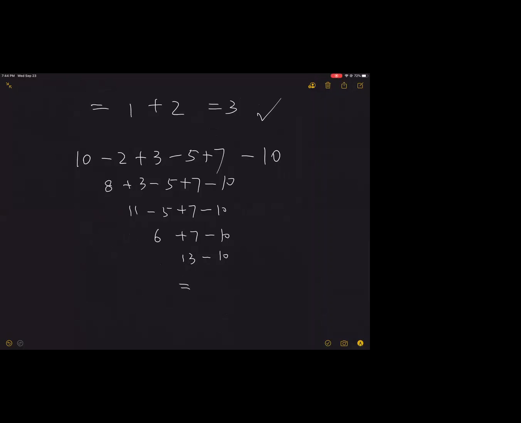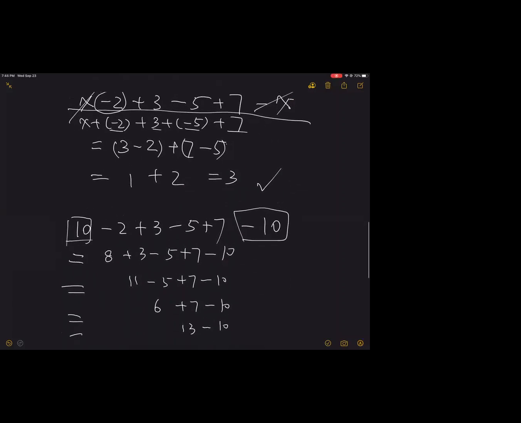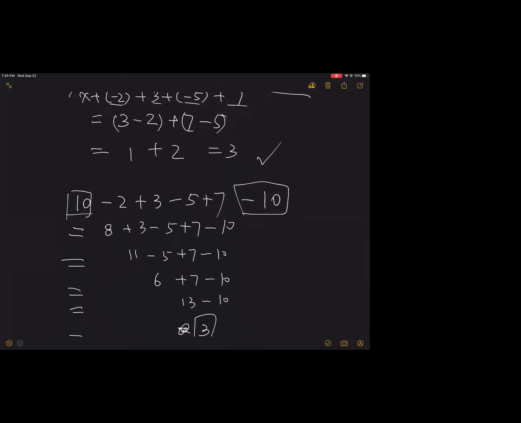All right, so at the end, we're getting 3 as well. So no matter what number you put here, you'll be getting the same 3. The reason is the x canceling. But again, when you're in lower grade, you didn't learn this, so just plug in a number, right?